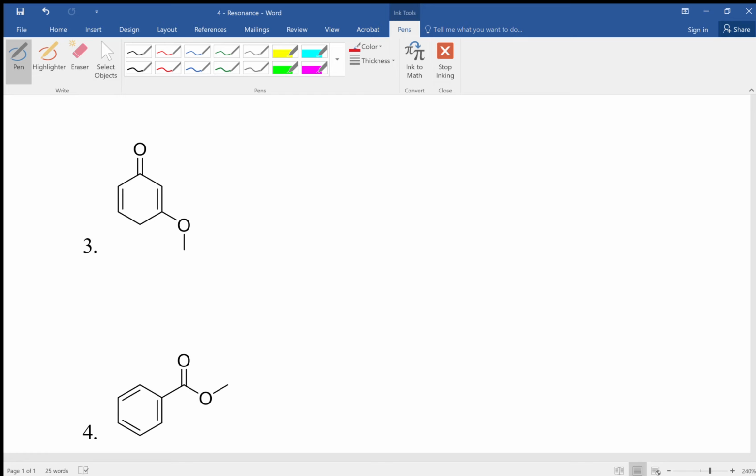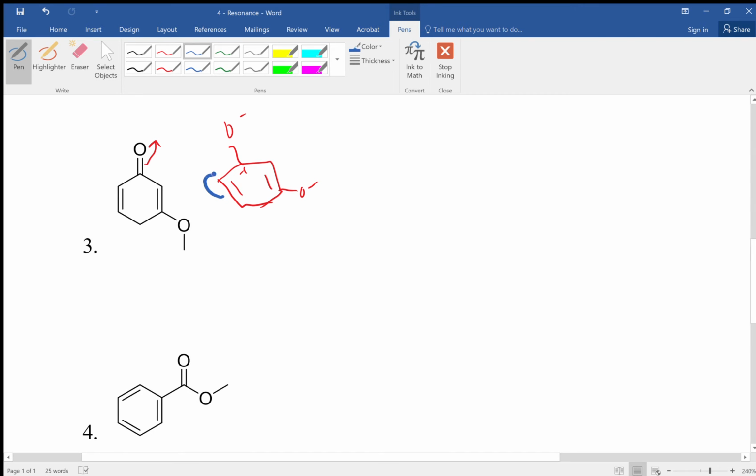All right, for number 3, again, we can start by moving the pi electrons up onto the oxygen. From there, we can go in 2 different directions. What I mean by that is that we have pi electrons on both sides of our carbon that's positively charged.